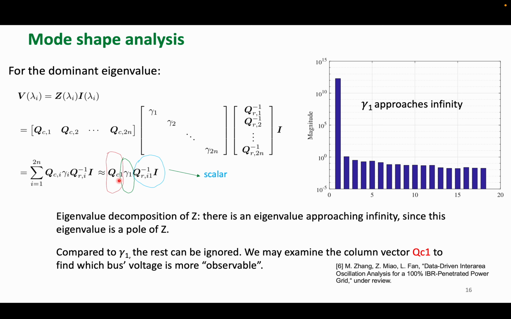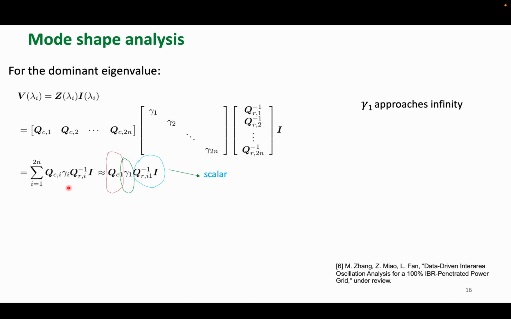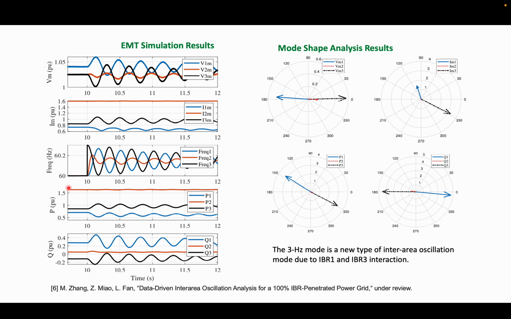The column vector can tell you a lot of information, for example, which bus's voltage is more observable, because each column is based on the system. For this example, we can grab a 9-bus system, or a 3-bus system if we have done the node reduction. So let's take a look. The EMT simulation shows that the system has oscillations.